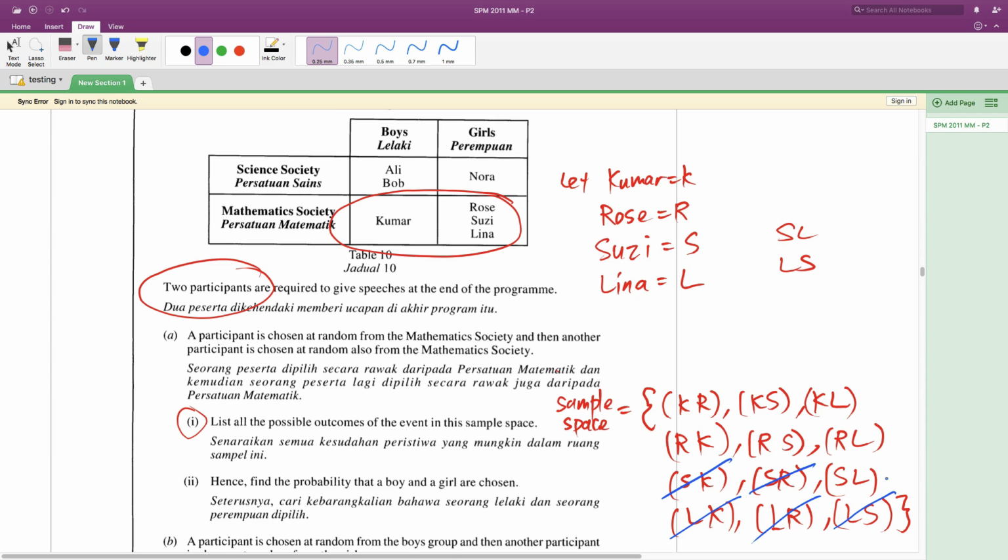I hope I'm correct. If you list out all the possible outcomes, it should be 2 marks for you. So far, can you understand this one? If you can understand, then we will move on to the second part.